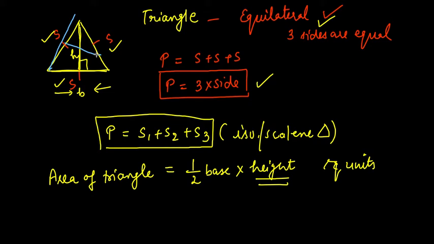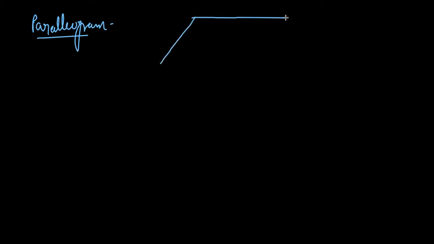So this was about the area and the perimeter of the triangle. Next shape is the parallelogram. Again in a parallelogram we know the opposite sides are equal and parallel to each other. I can mark this side as equal and parallel to this side, and this side equal and parallel to this side. If I take this side as A and this side as H, the perimeter will be the sum of all sides.